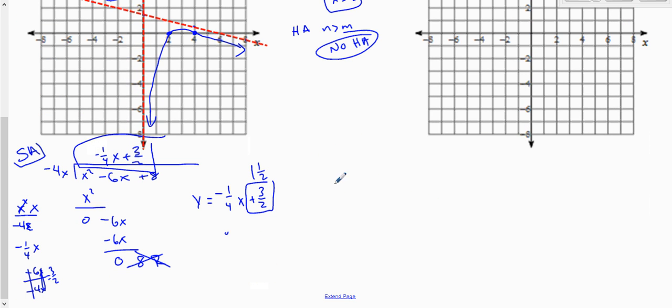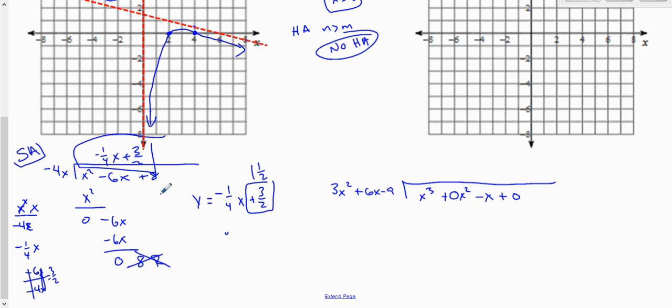I get 3x squared plus 6x minus 9, divided into x cubed. I'm missing the squared term, so I need to put 0x squared minus x, and I'm missing a constant, so I need to put a 0 for the constant.